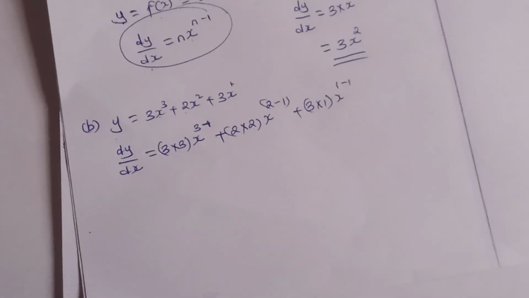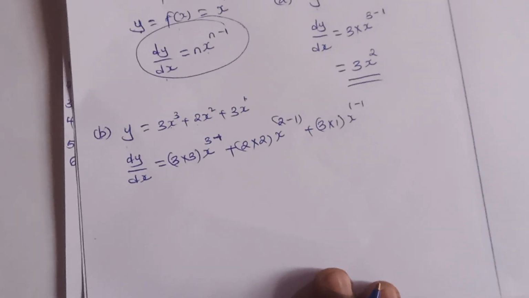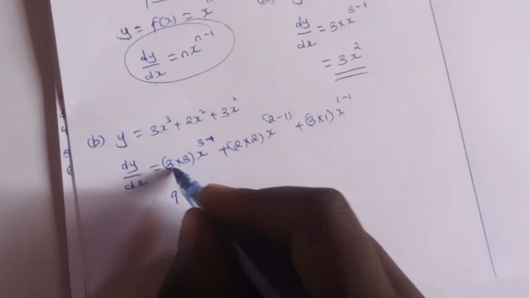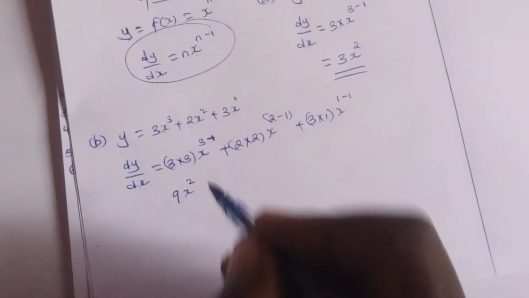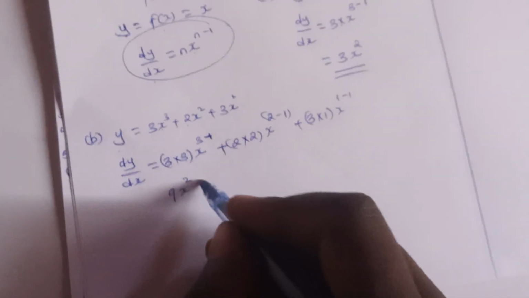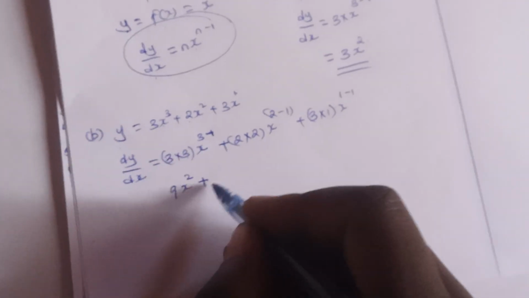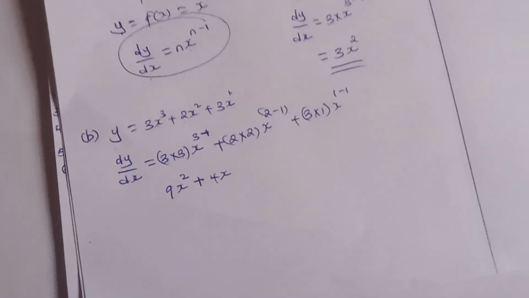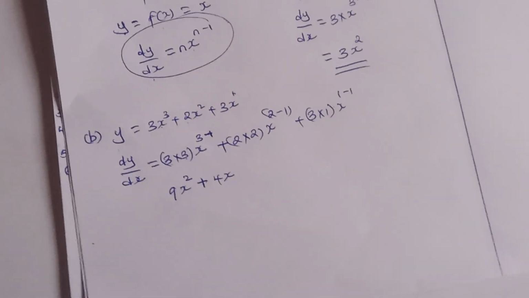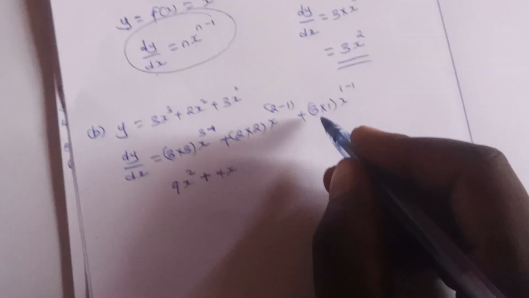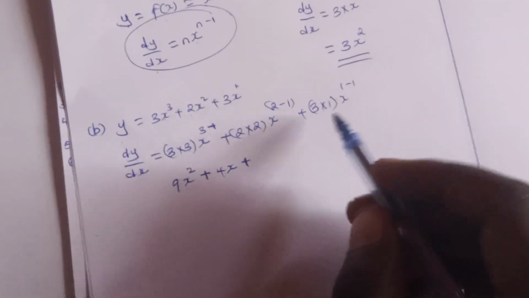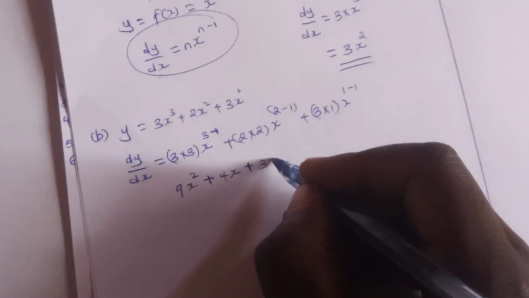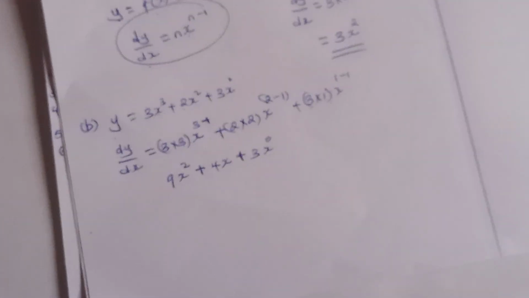Upon reaching there, I will have 9x squared plus 4x raised to power 1, of which there is no need of writing power 1. Plus 3x raised to power 0.